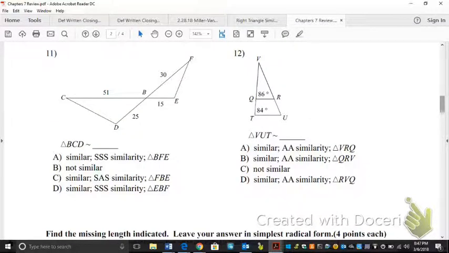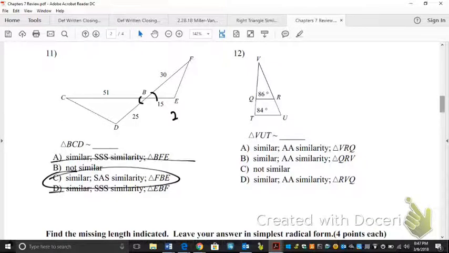B, C, D. So here we definitely have a common angle. Okay? And that's going to be B. Okay, so again, we're looking at side angle side similarity. So really what we're going to look at here is this statement true?